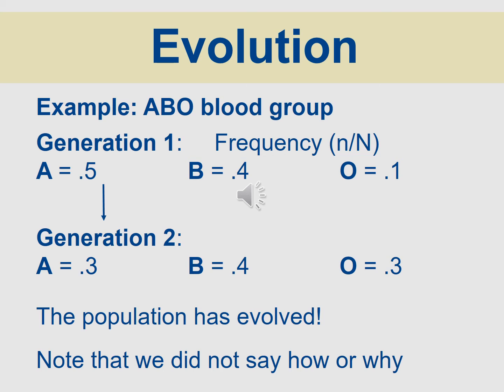And we sample that next generation from generation 1, the parents, right? Generation 2 is the offspring. And we see that now there is 30% of A, 40% of B, and 30% of O. The population has evolved. It has changed, right? You have more of the recessive alleles in generation 2, and you have less of the dominant A allele.